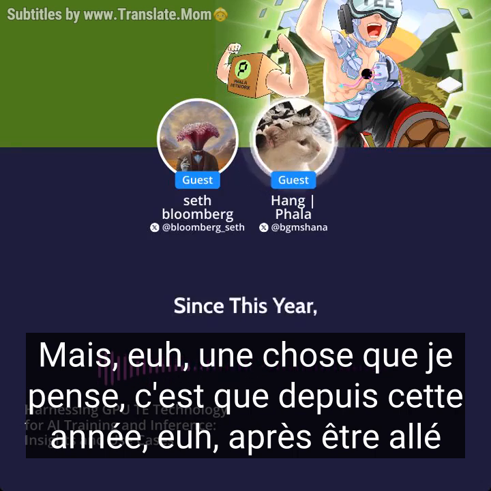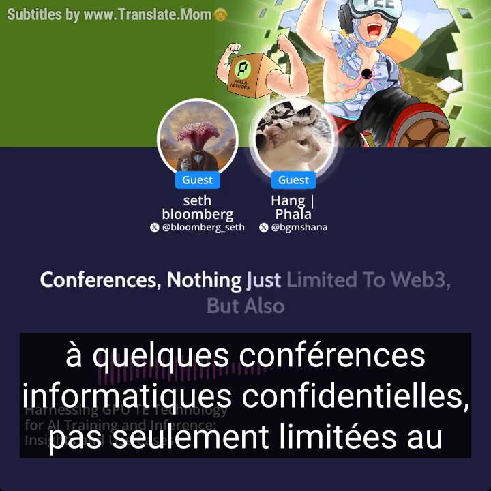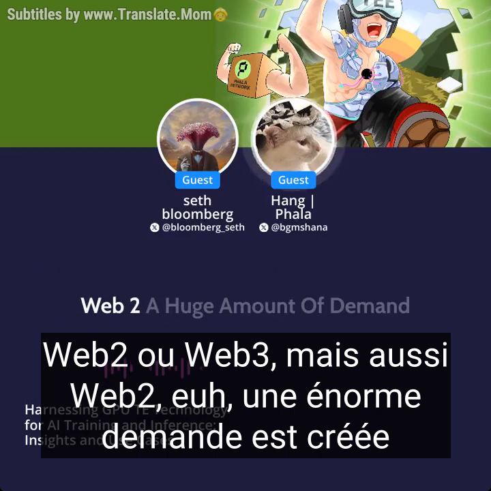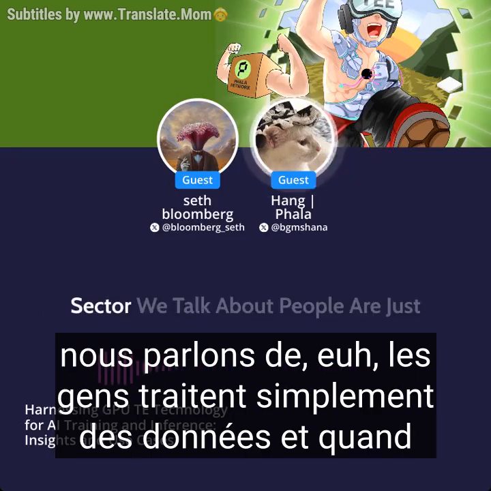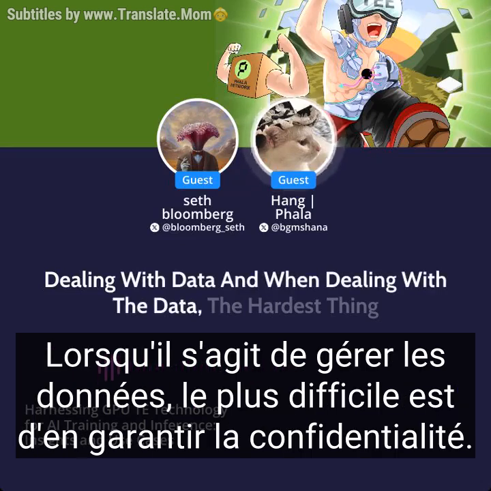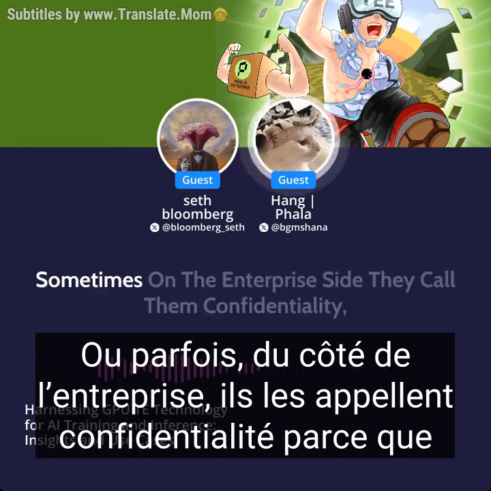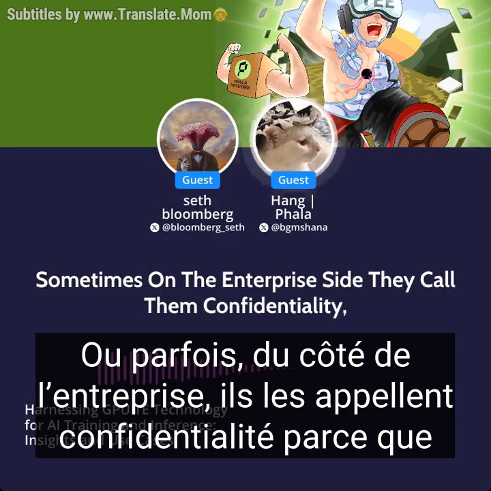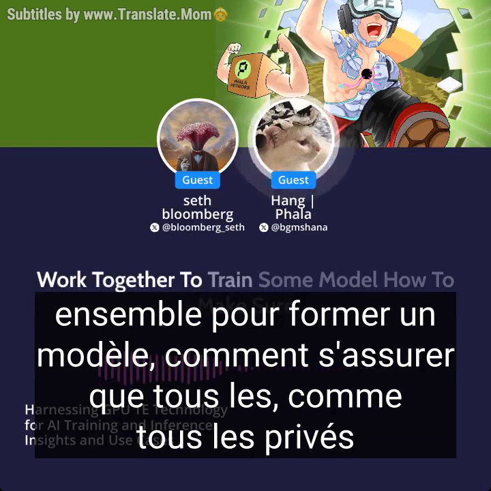since this year, after going to a few confidential computing conferences, not just limited to Web3, but also Web2, a huge amount of demand is created, just waiting for the wide availability of TEE GPUs, because in the AI sector, people are just dealing with data, and when dealing with data, the hardest thing is to ensure secrecy, or sometimes on the enterprise side they call it confidentiality, because you can have multiple companies who want to work together to train some model.